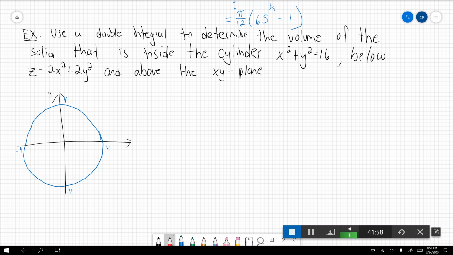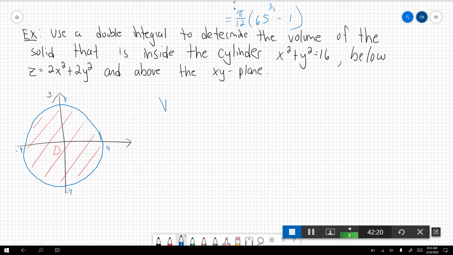All of the area is going to be inside of the cylinder, and that area we're integrating over gets us the base of this figure, but then we also need the height, which we'll get to in just a little bit.